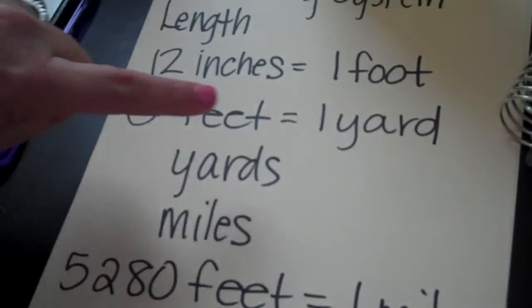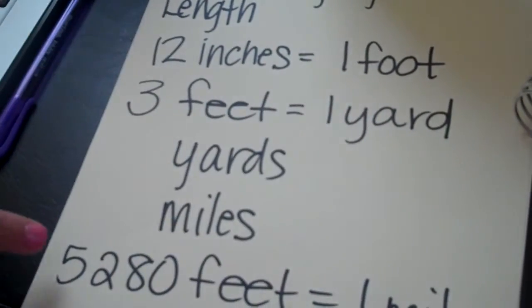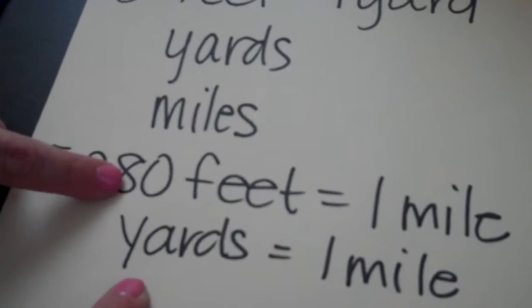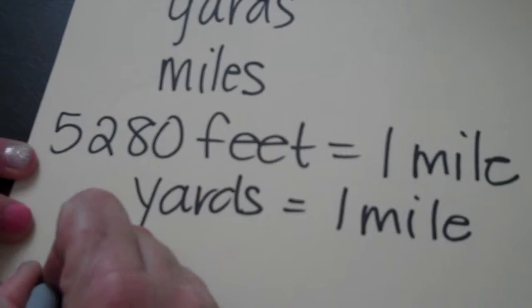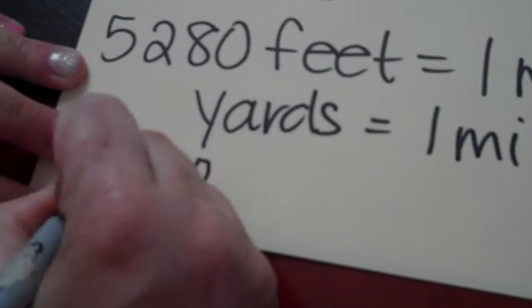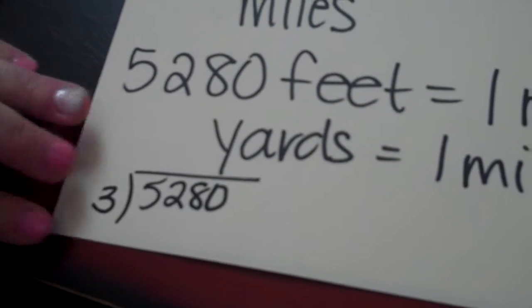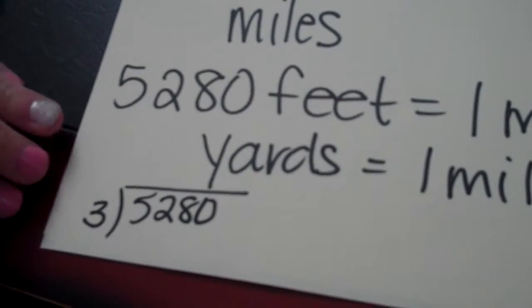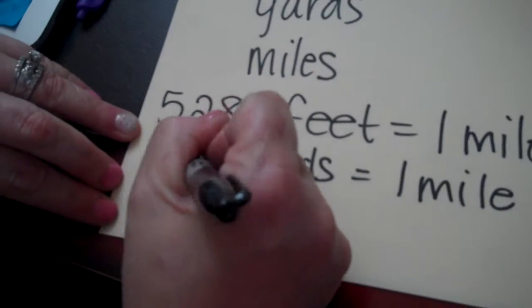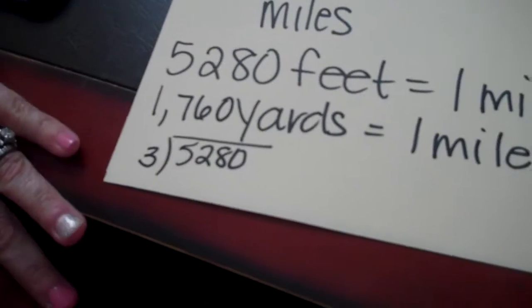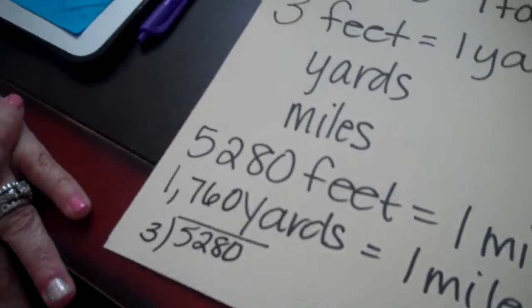And if there's 3 feet in 1 yard, then I can take 5,280 and I can divide that by 3 feet to figure out exactly how many yards there are in a mile. And there are 1,760 yards in 1 mile.